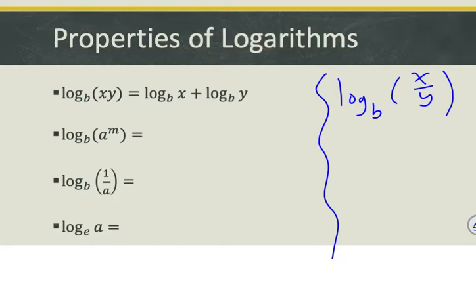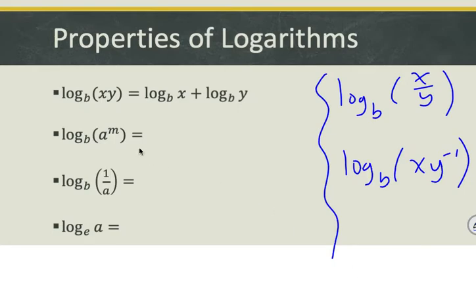But if we look at it like this, log base b of x y to the negative first, we can do this in combination with this and get the same thing. So you just put two rules together to get the other rule instead of memorizing a third rule, right?